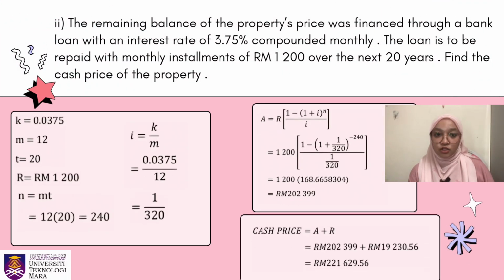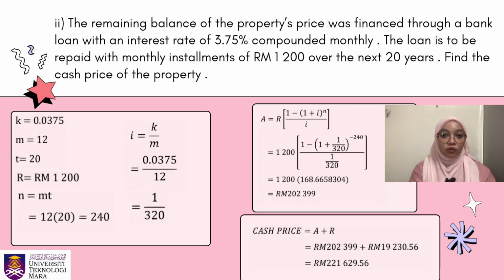Here we are at the solution. First thing first, we should list down the information given, which is k equals 0.0375, m equals 12, t equals 20, R equals RM1,200. The next thing to do is we should substitute i into the formula i equals k over m, and we got the answer of i is 1 over 320.